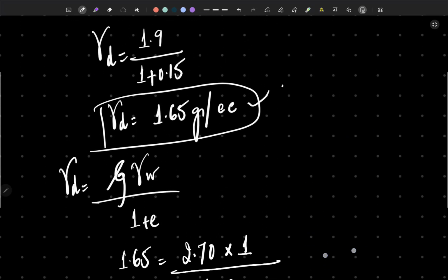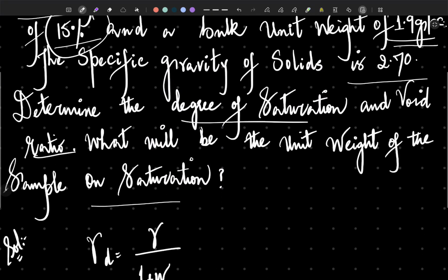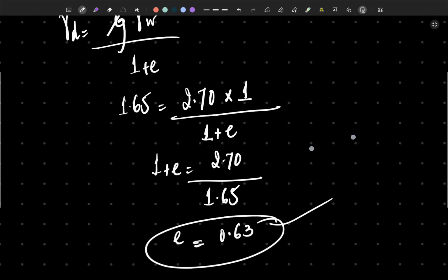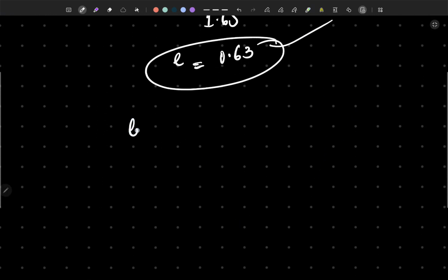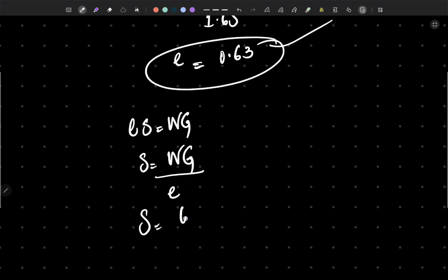Next thing that the question asks is the degree of saturation. We know e, we know w, we know G. We can very easily use this equation: S e is equal to w G, and we'll arrive at degree of saturation, w G divided by e. Water content, how much? 15%. G, 2.70. Void ratio, 0.63.